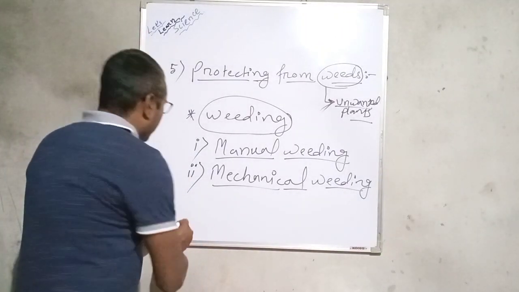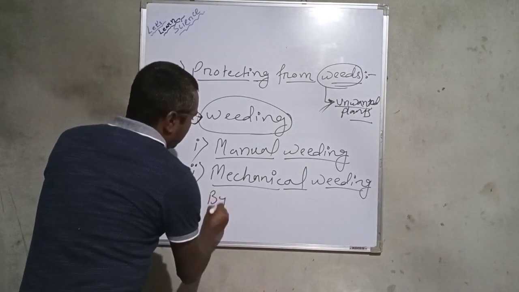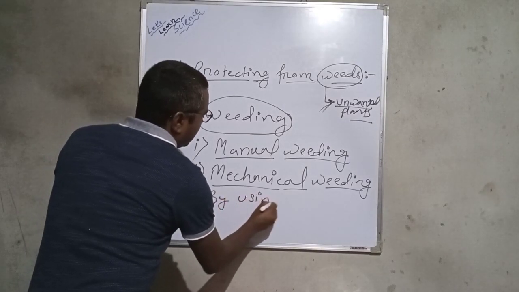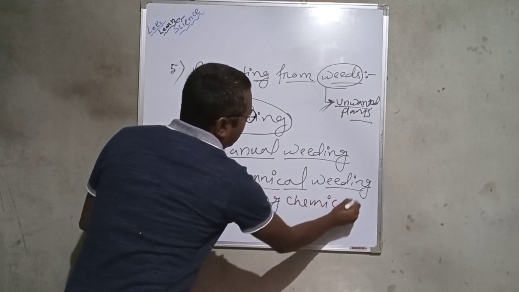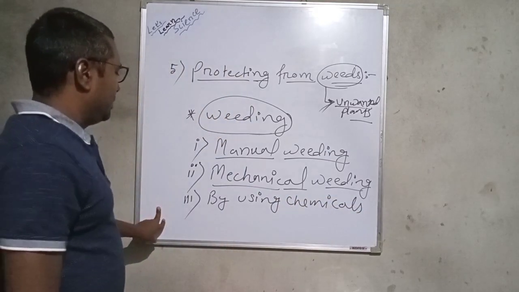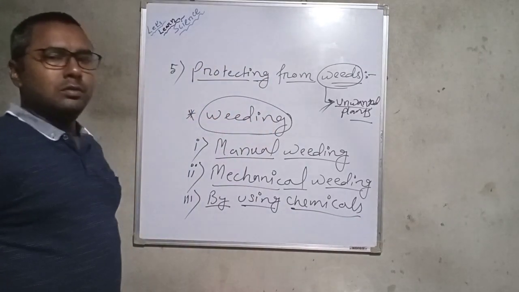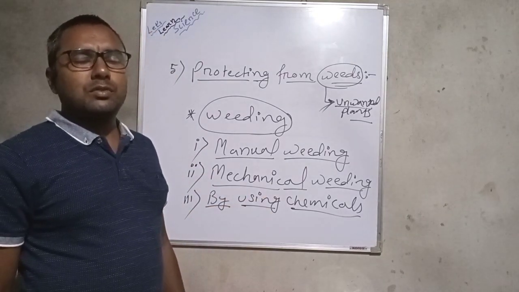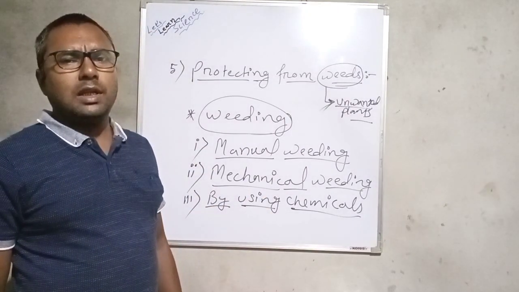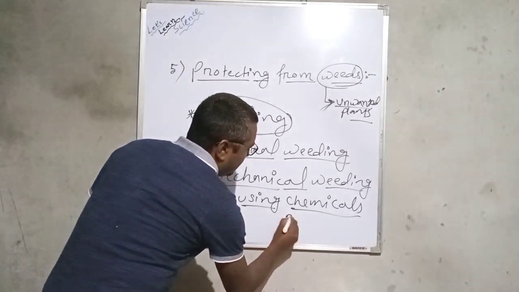Third one is by using chemicals. Besides these two methods, farmers also use some types of chemicals like 2,4-D.